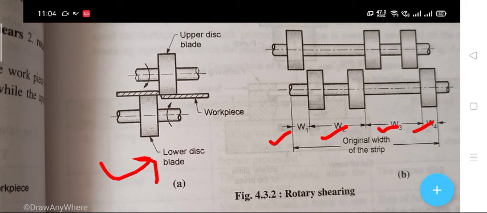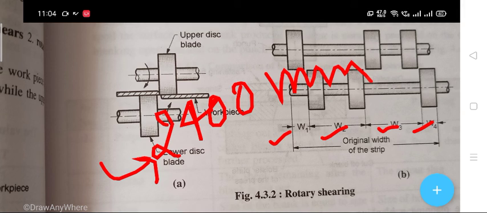This indicates a number of rotary disc blades suitably placed may be operated simultaneously for slitting a wide sheet into smaller strips. Sheets up to 2400 mm width can be sheared this way, and the slit strip may be continuously coiled.